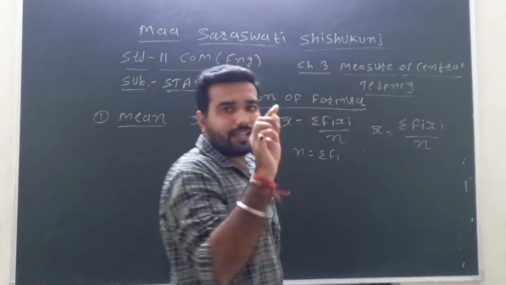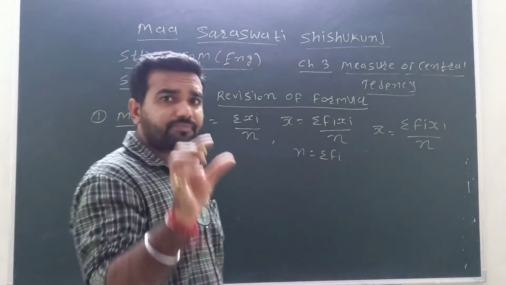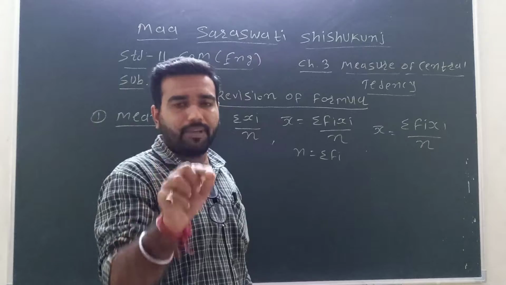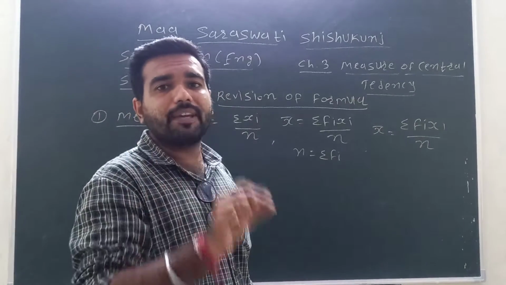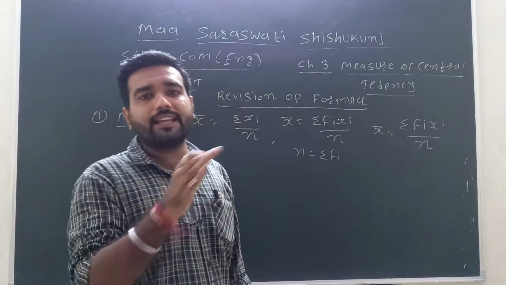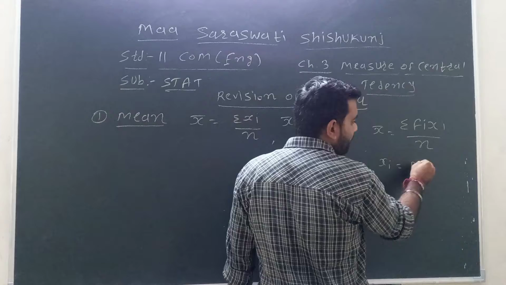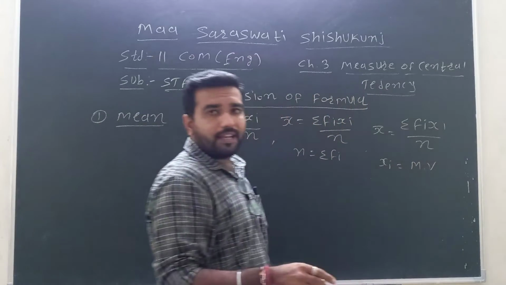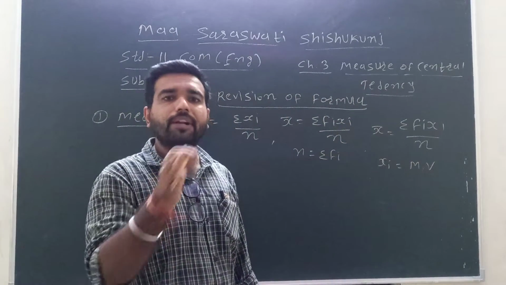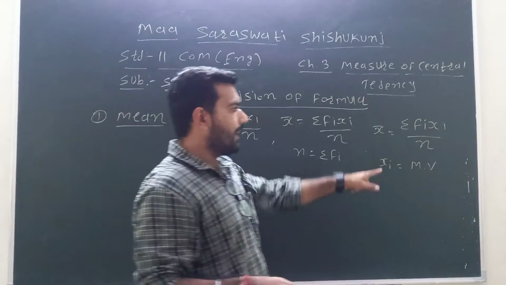But at that time classes and fi are given, and xi are not given. So xi means the mid value of the class. Mid value is equal to upper boundary point plus lower boundary point divided by 2. So here it is our xi.